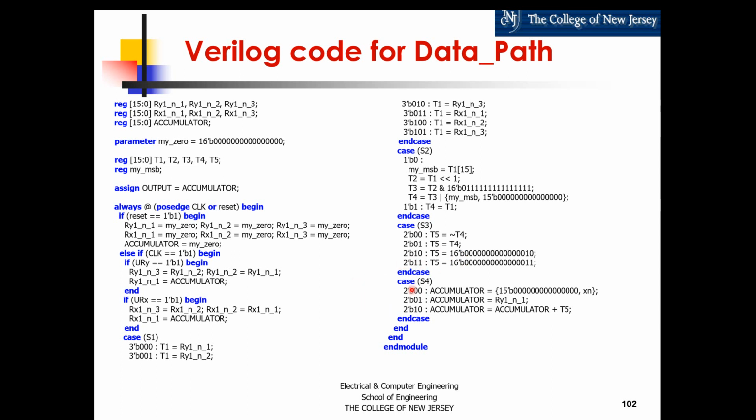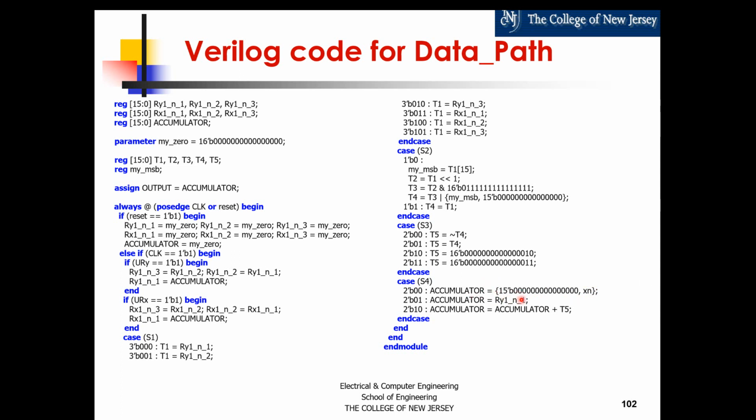And then the last case, the last multiplexer was either initializing the accumulator with a 1-bit X. So basically I have 15 zeros here concatenated with a 1-bit X. So together they form 16 bits for the accumulator.